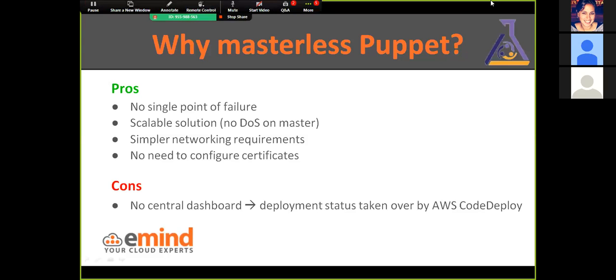Okay, so basically, Puppet was designed in the beginning with a master in mind. So there is a single point of failure in this case, where the master is accepting requests from hosts that want to be configured and is sending the manifest and everything to these hosts.